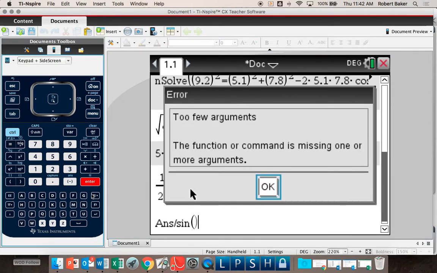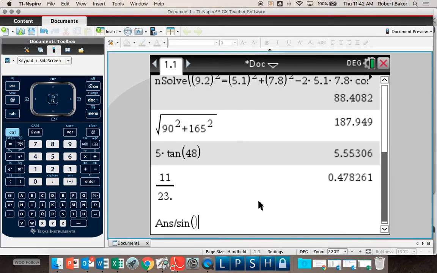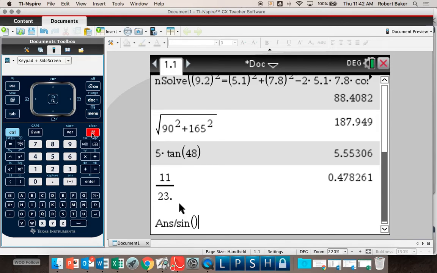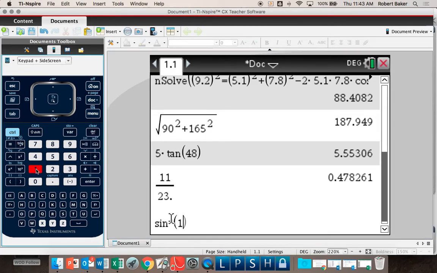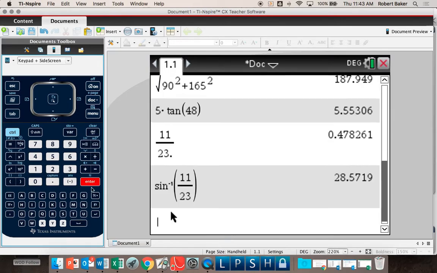But my calculator is too smart for that. But your phone is dumb enough to do that. But here's what we're trying to do: the inverse sine of 11 divided by 23. 28.6 degrees. Let's say nearest whole degree. So 29 degrees.